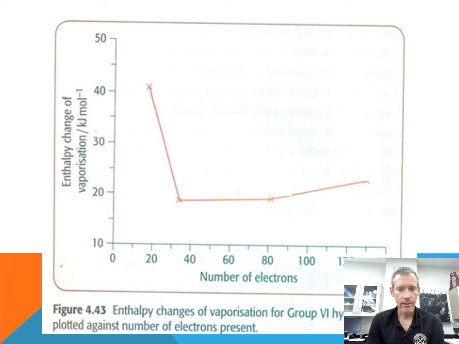All right, so here are some enthalpy of vaporizations of group 6. Those are your water, sulfur, okay? So again, with the number of electrons, there's a decrease after 20 because of hydrogen bonding, and then it slowly increases due to the amount of electrons present, their increase in forces.